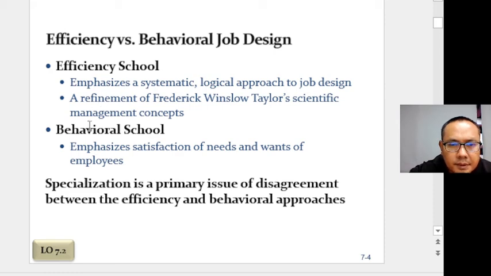Okay, as you can see from here, the refinement of the efficiency school, and then some behavioral school. One of the main issues that we try to settle is the disagreement about specialization. It is the primary issue of disagreement between the efficiency and behavioral approaches.